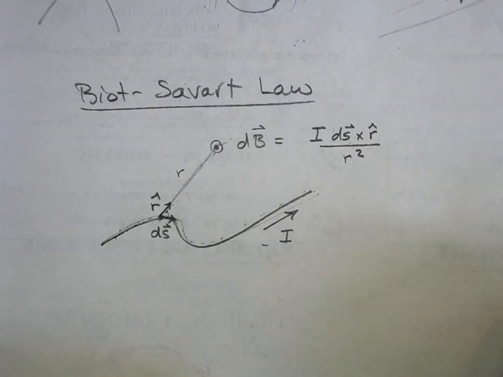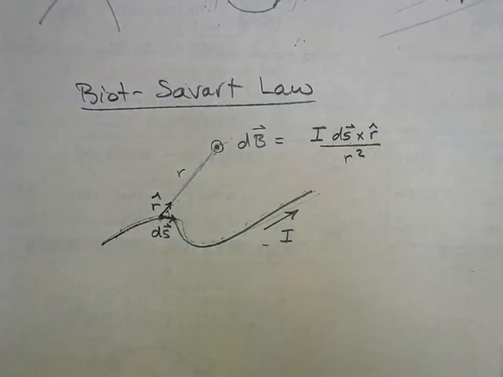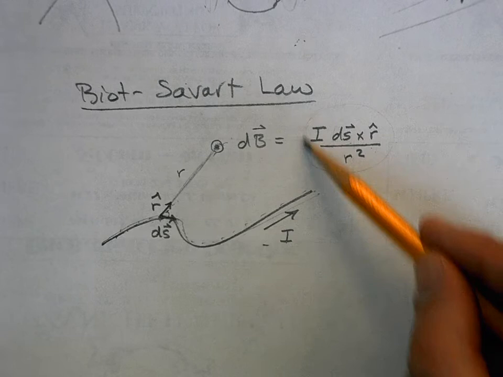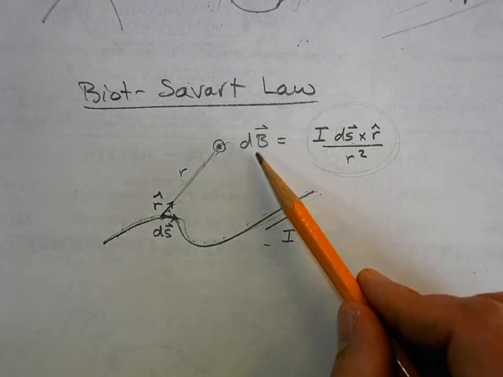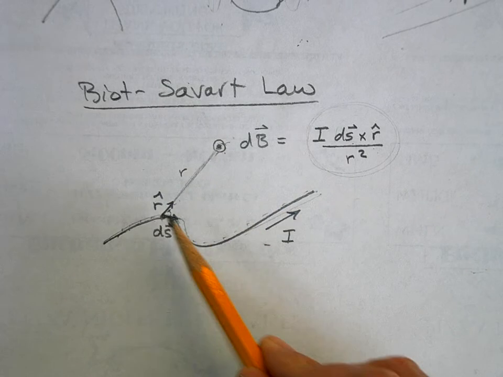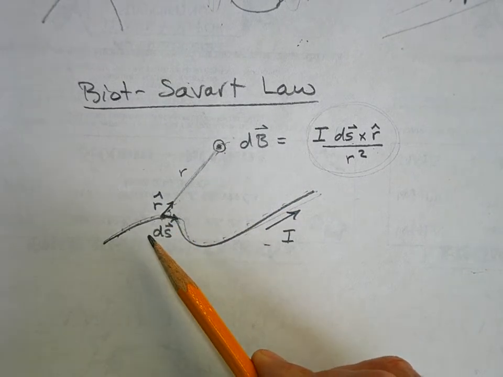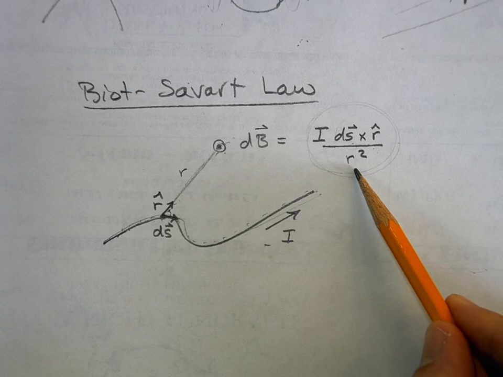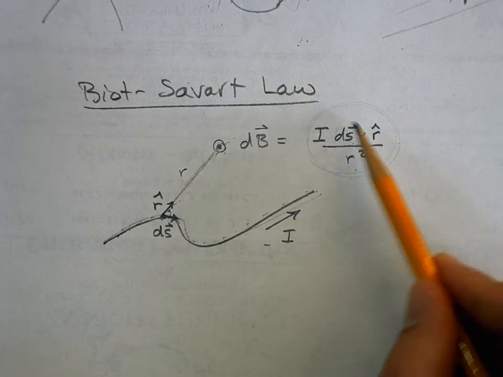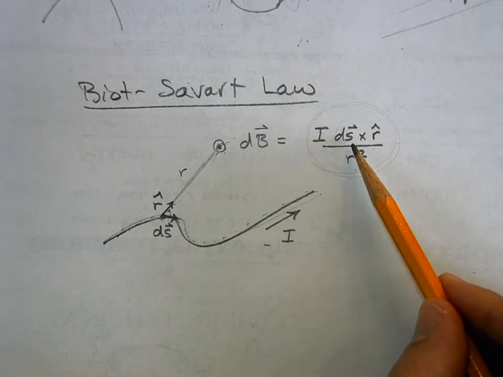Now, this is the only thing I can do to vary the magnetic field at this location in space due to this little tiny current right here. I can vary the current, I can vary how far away it is, and I can vary the length of the wire, and that's it.